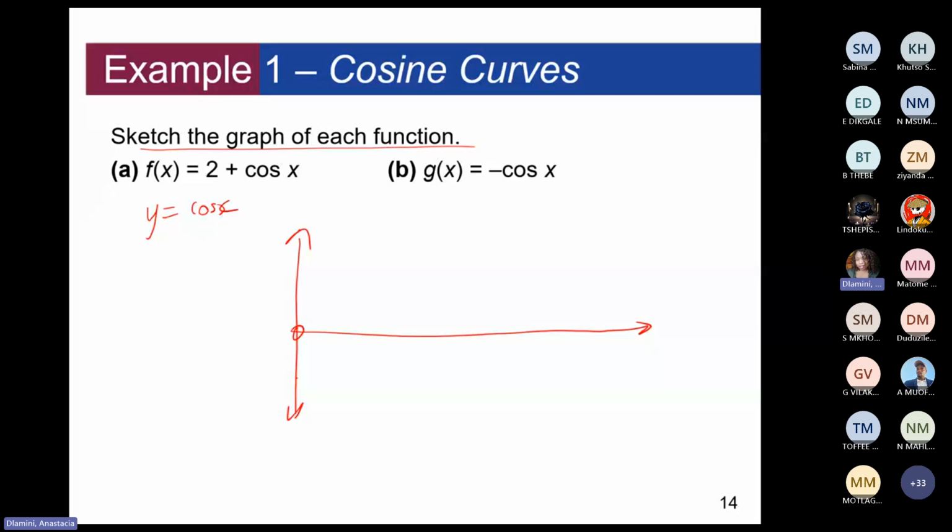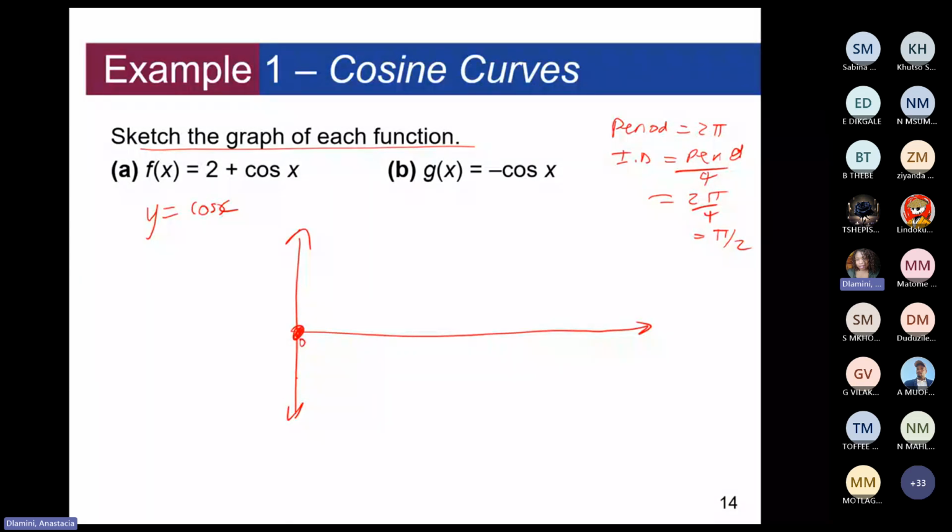So we say period is equal to 2 pi. We call it ID, the steps that we are dividing with. So it's period over 4, that's 2 pi over 4. The answer is pi over 2. So we start from 0.